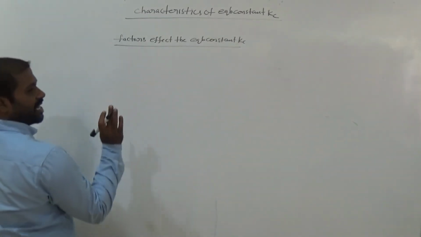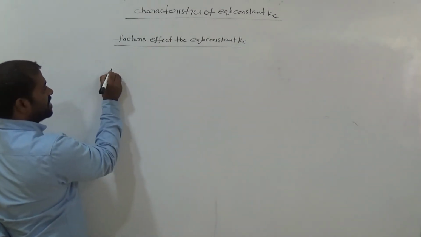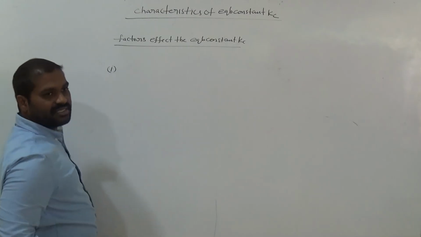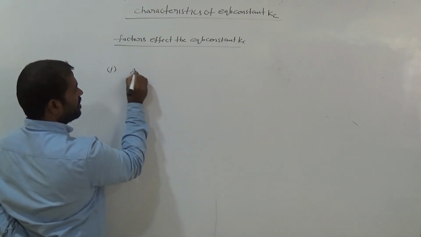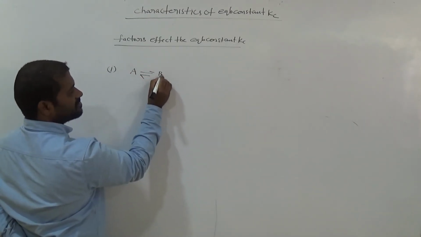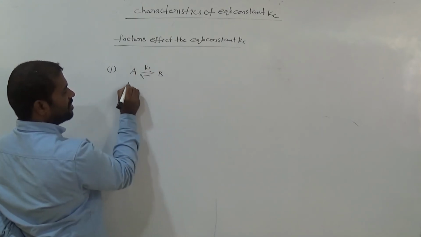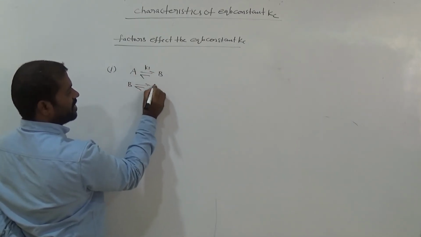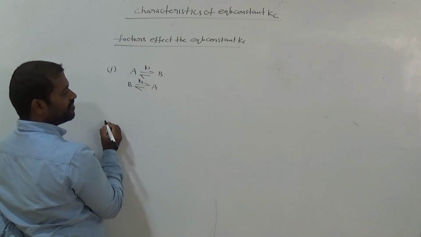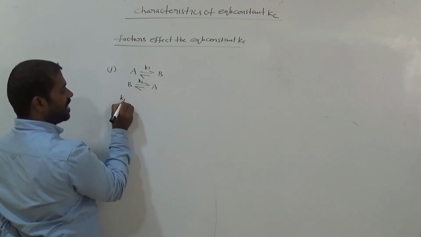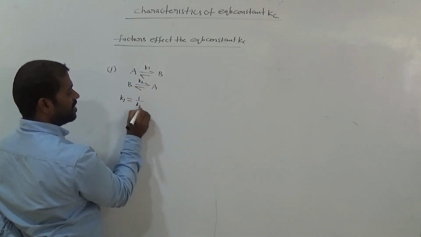So in this case we have 3 cases regarding equilibrium constants. The first one is A reversible B, that is K1, B reversible A, that is K2. So from this one we have K1 is equal to 1 by K2.